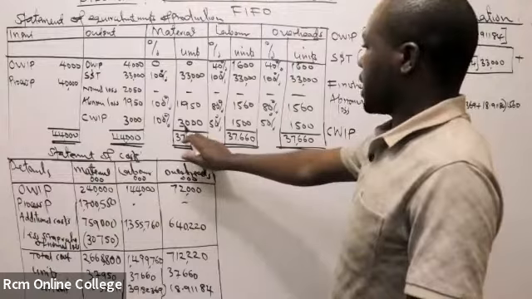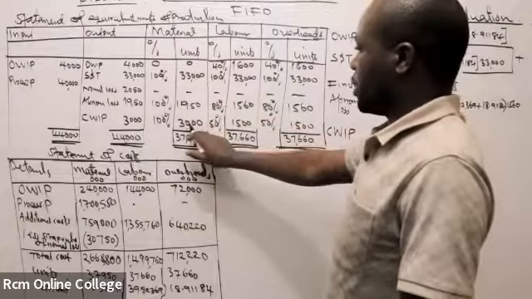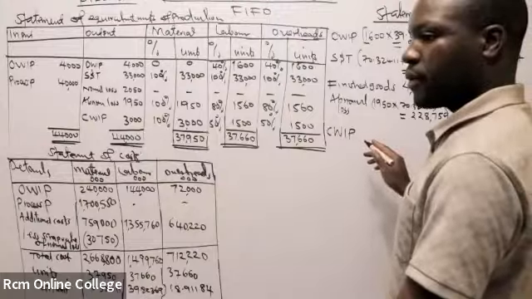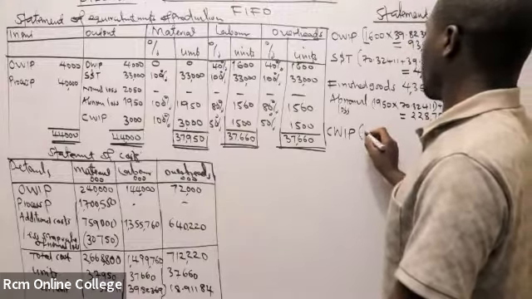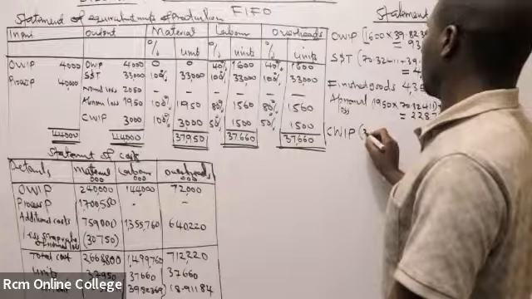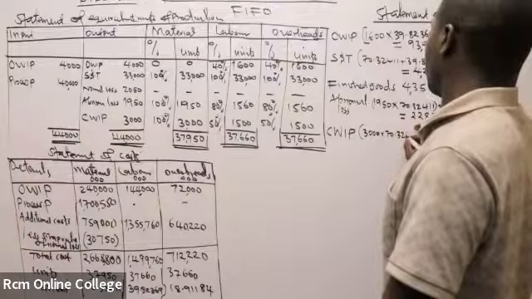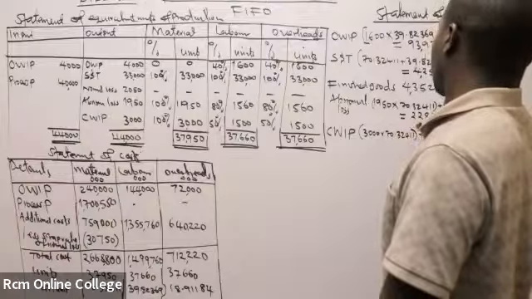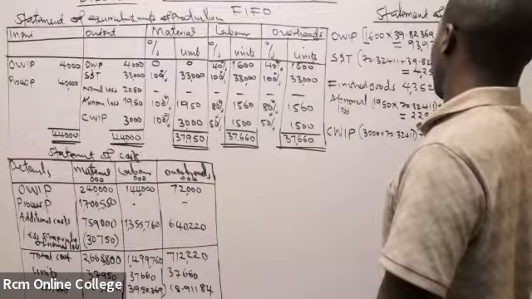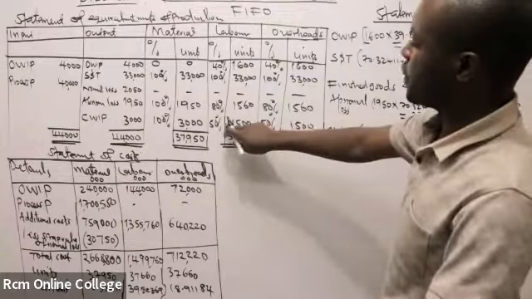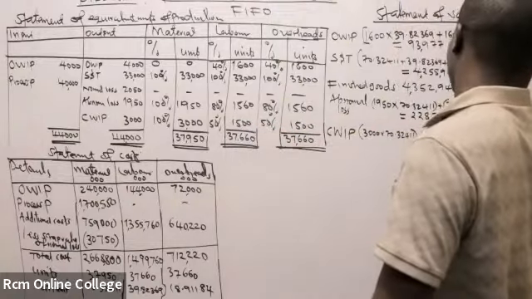Our closing work in progress, again, the same pattern, 3,000 for the material and the same units for labor and overhead. So we now come here and talk about 3,000 times 70.32411 plus close the bracket 39.82369 plus 18.91184 multiply by the same units under these two, that is 1,500.